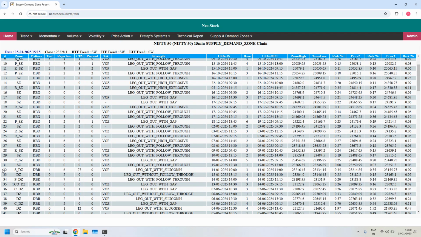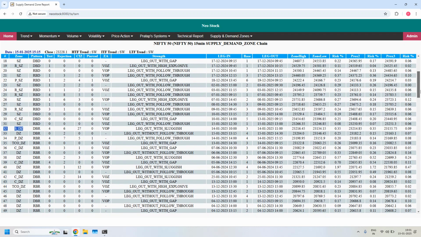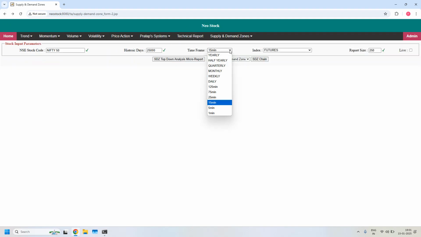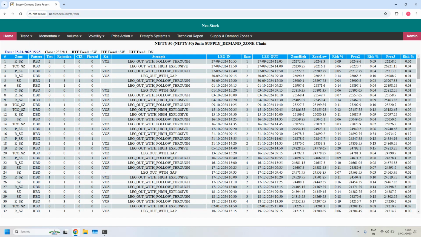So we have only one demand zone, so I'm scrolling the list so that you know this is the nearest demand zone and this is the nearest supply zone, below demand zones, above supply zones. Okay, next 5 minutes supply demand zone chain for Nifty. All these are supply zones.